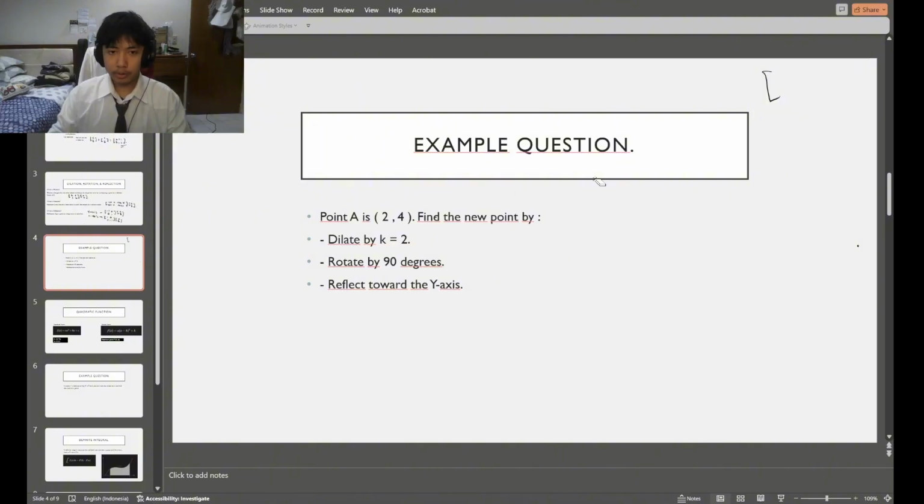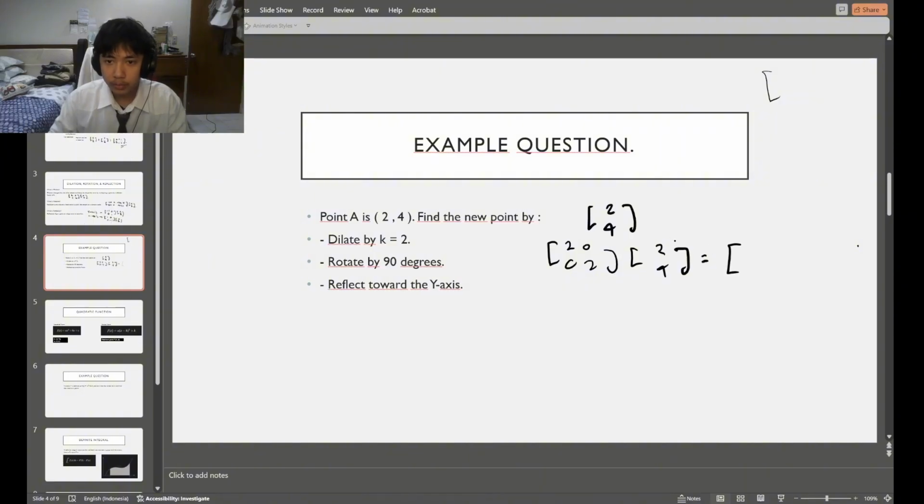So we will now do an example question for geometric transformation. So point A is (2, 4). First, we'll dilate it by the k factor of 2, which is 2, 0, 0, 2. We will get the result of 2 times 2 is 4, 0, 0, and 2 times 4 is 8, which we will get (4, 8).